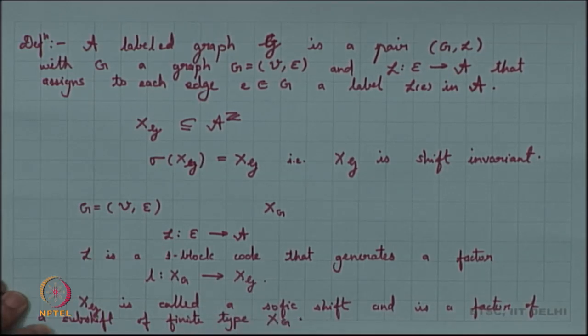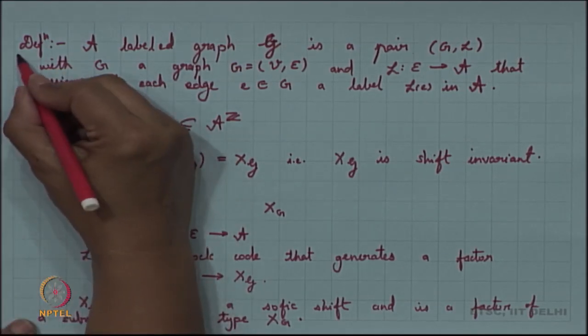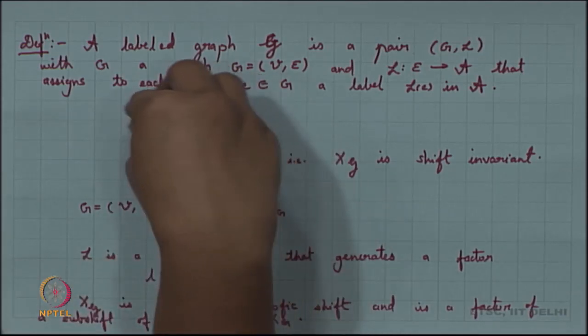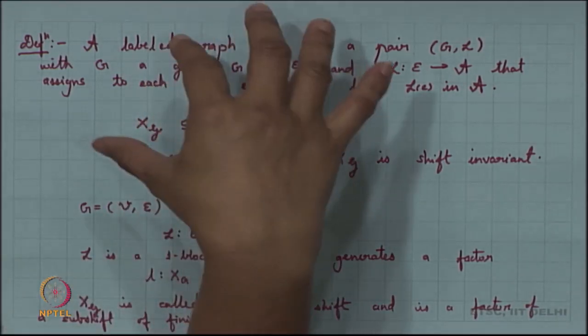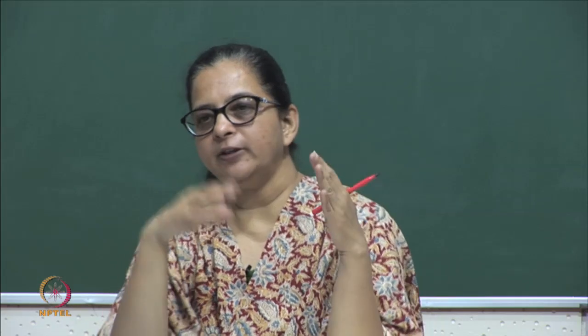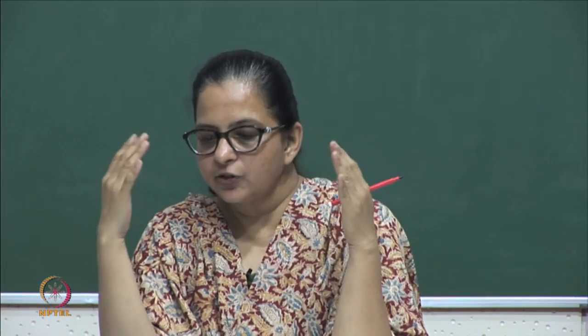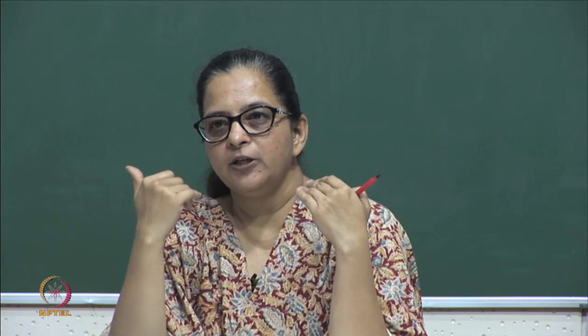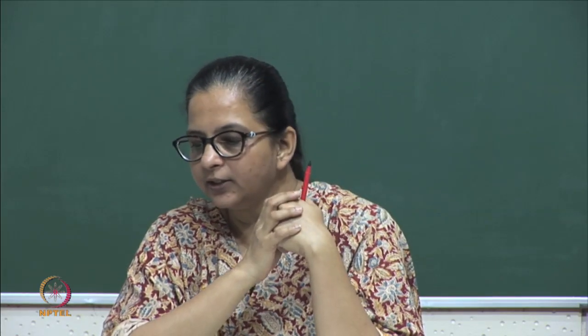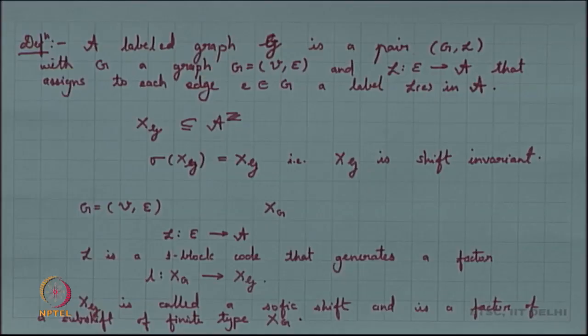Now, we have this Sofic shift generated by using a labeled graph. A labeled graph is just a graph with a labeling. So, your graph coupled with a labeling is generating another shift space which we call a Sofic shift, and it is very easy to see that this is shift invariant.